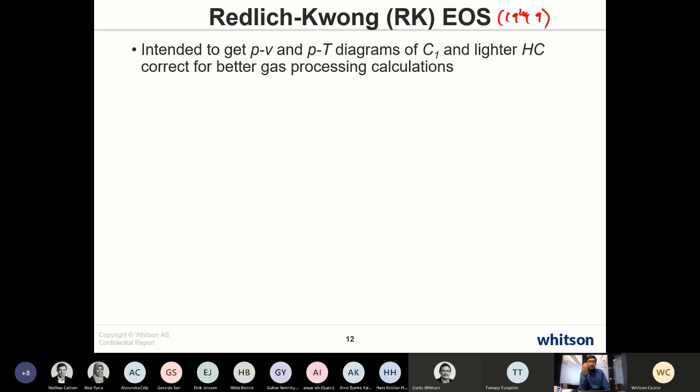So they were very interested in getting very accurate phase behavior of these lighter components, which we usually see at surface and which end up in the gas phase. So this was the objective for them, to modify or come up with a cubic EOS model that predicts the C1 and lighter hydrocarbon phase behavior more accurately.